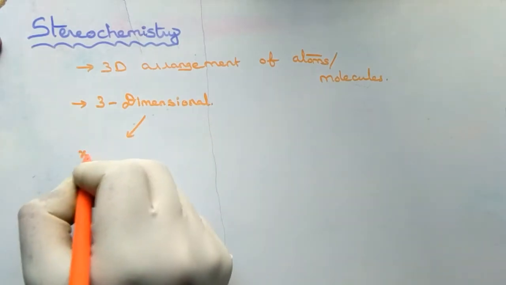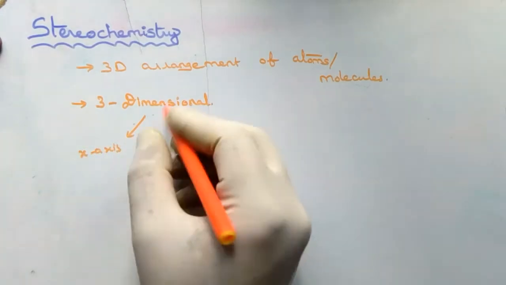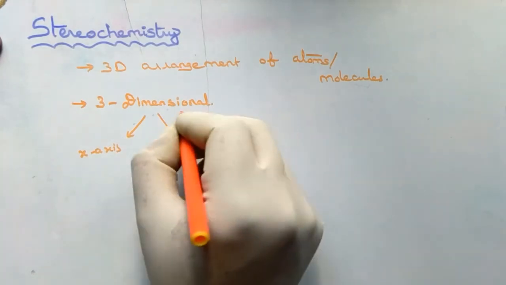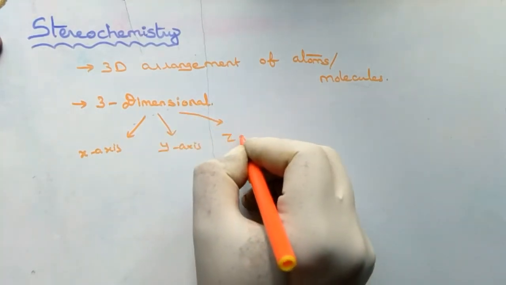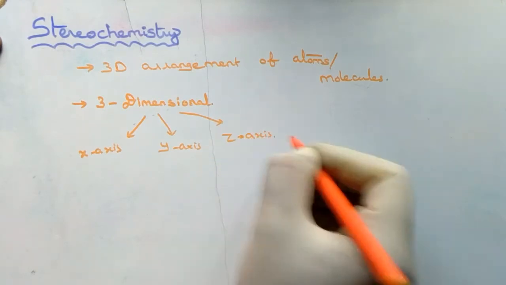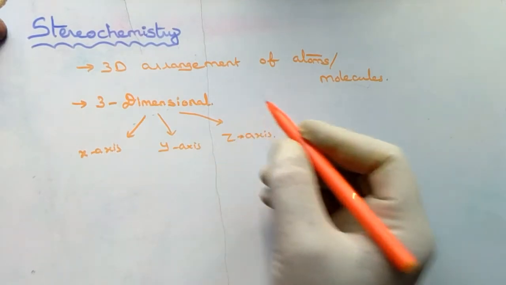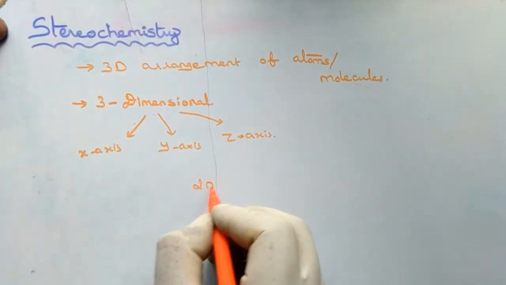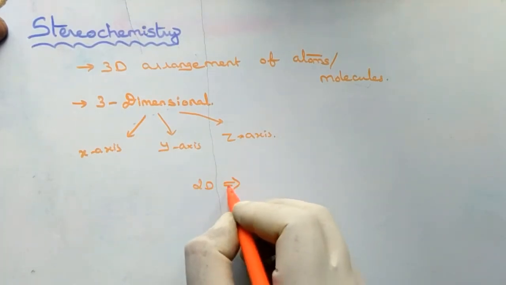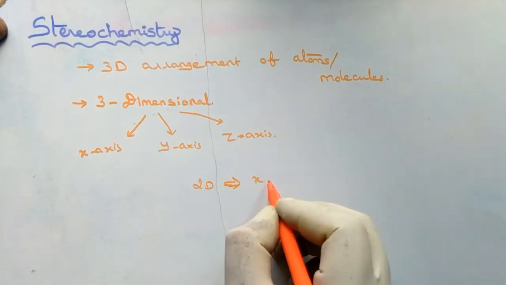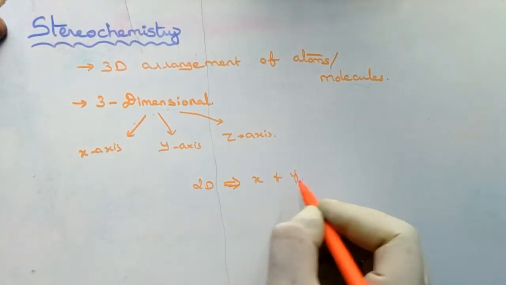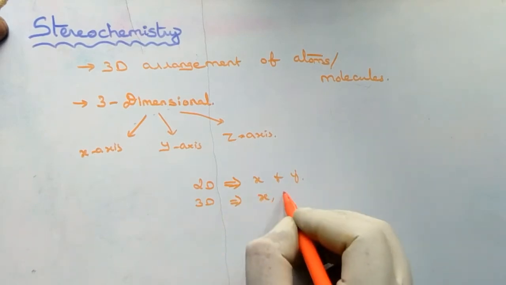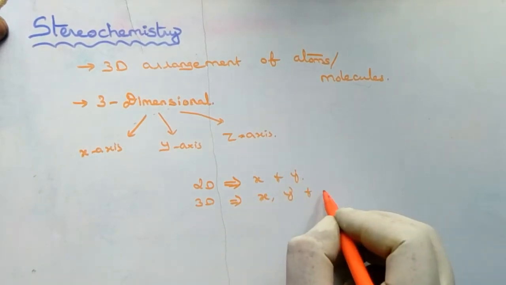So 3-dimensional in the sense we will look at the molecules in the x-axis, y-axis as well as the z-axis. Usually in 2D we look at the molecules or atoms only in x and y-axis, but in 3D we study the structure of atoms or molecules in three dimensions. So this is the difference between 2D and 3D.